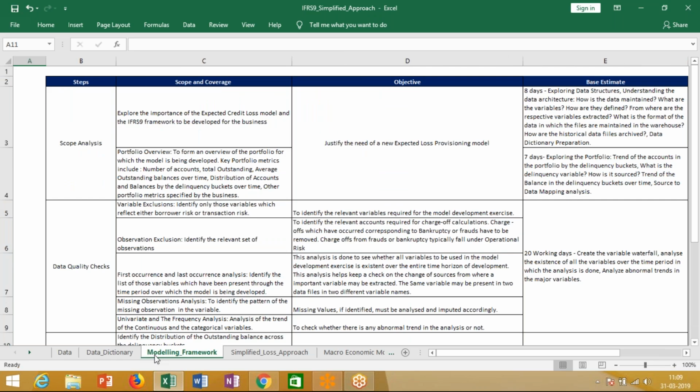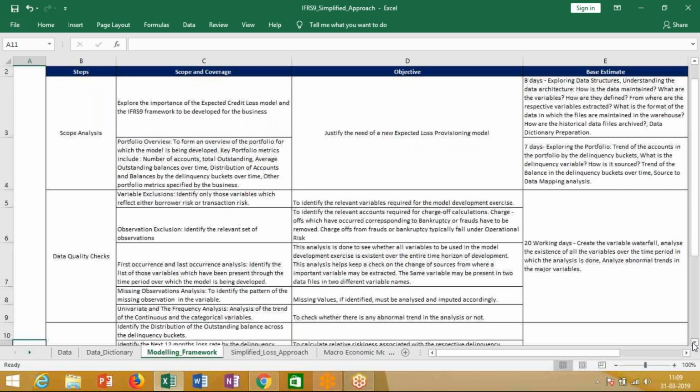Now, the question that comes up is how we would develop this model. How can this model be developed? The development framework that I have here is a generic one, and it was an estimation process which I had used for some other purpose.